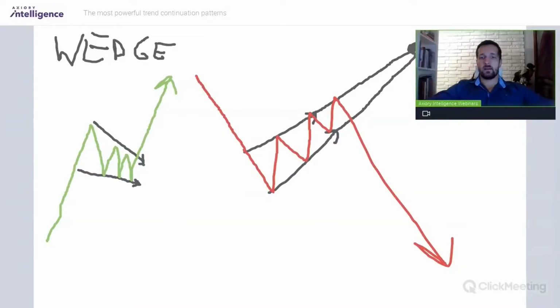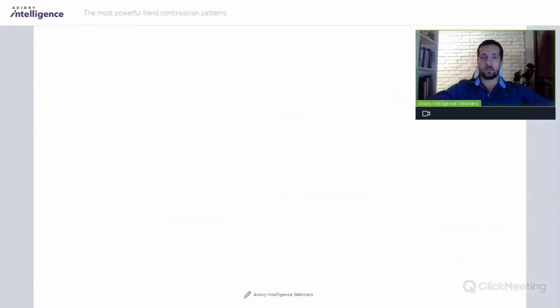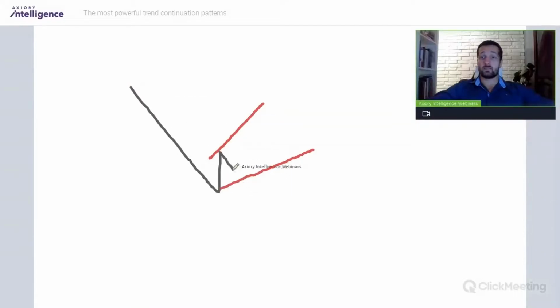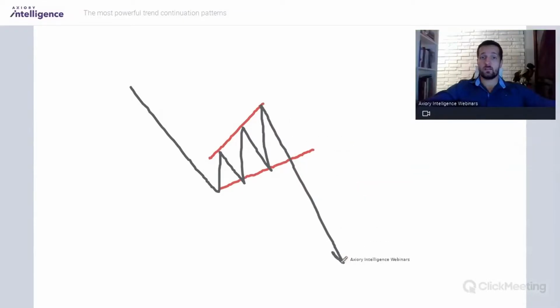They approach each other. That's not all, because we can have a wedge like this. Okay, we can have wedge like this. Expanding wedge. Correction is more volatile, and eventually we have a downswing. So those lines are not approaching each other.